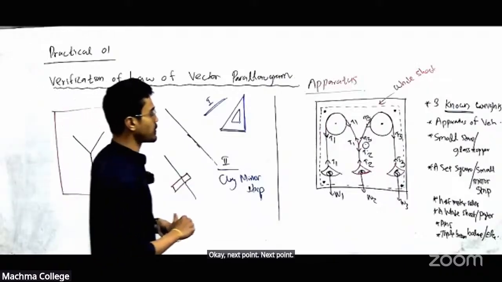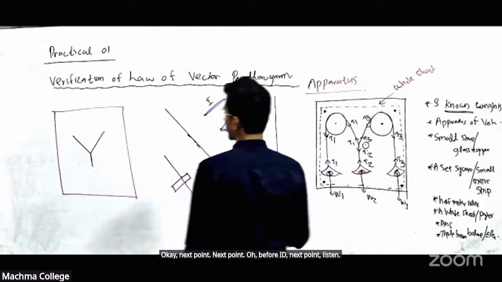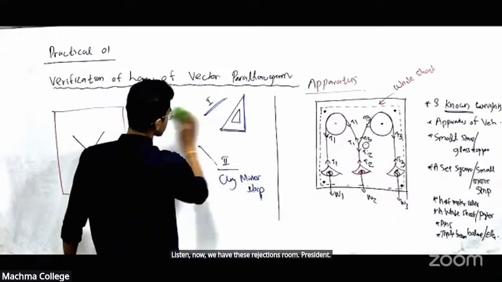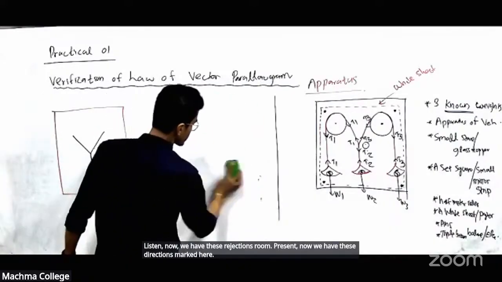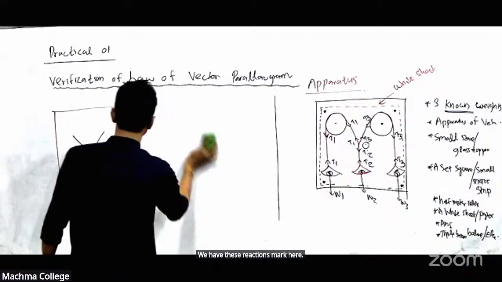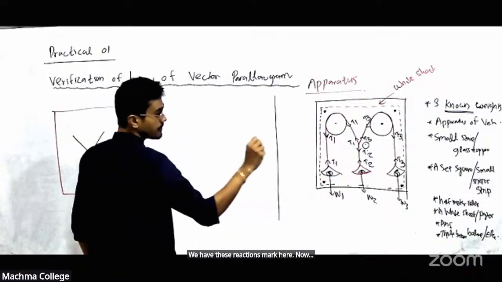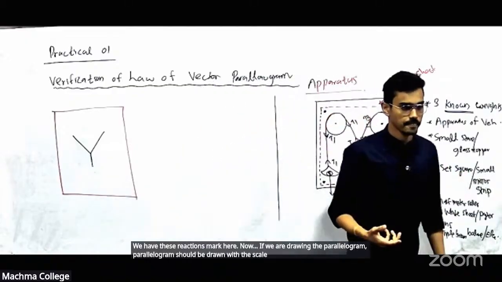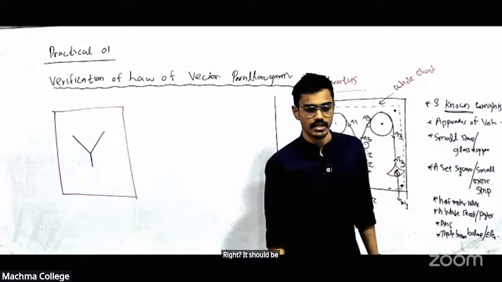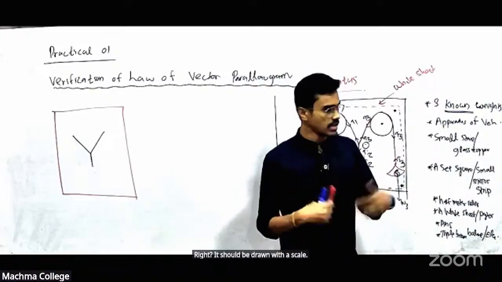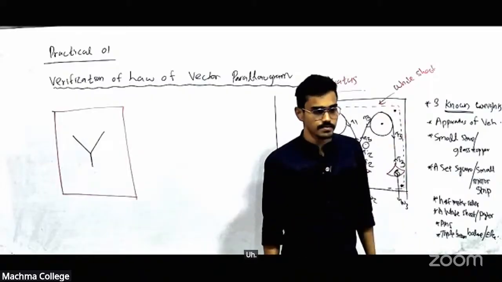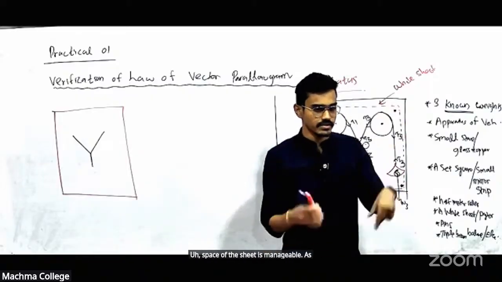Before writing next point, listen. Now we have these directions marked here. If we are drawing the parallelogram, it should be drawn with a scale. We can come up with our own scale, as is manageable with the space of the sheet.